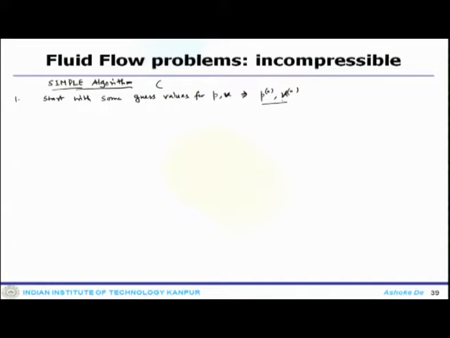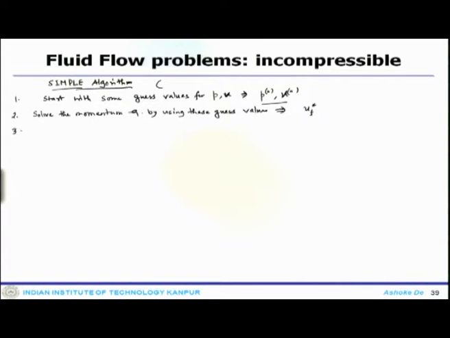That will compute these at every location in the domain. So, that is the guess value or the start value. Second, one can solve the momentum equation using these guess values, which will get you the new velocity field, which is u f star.